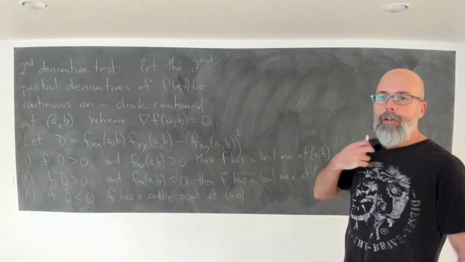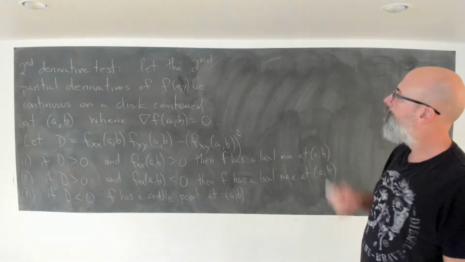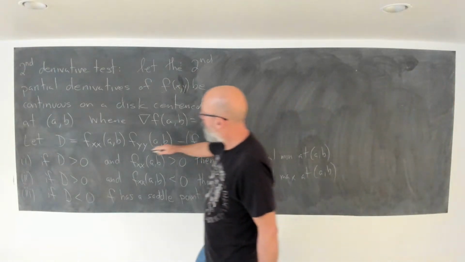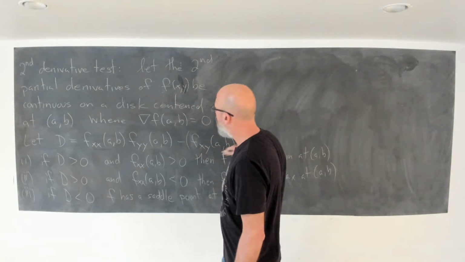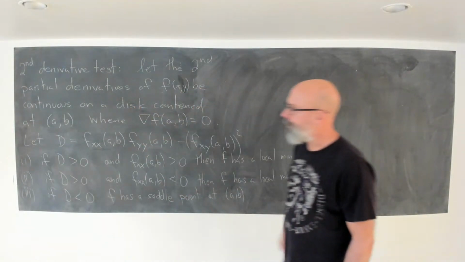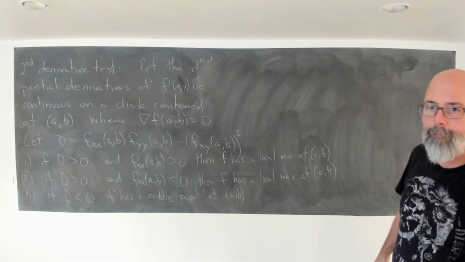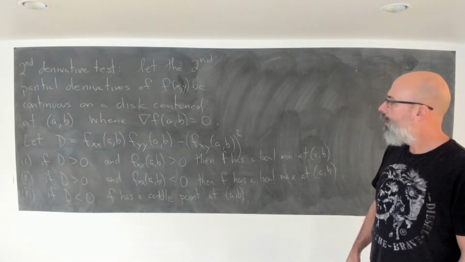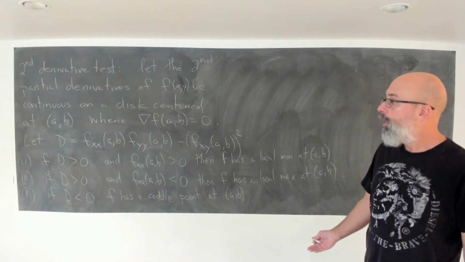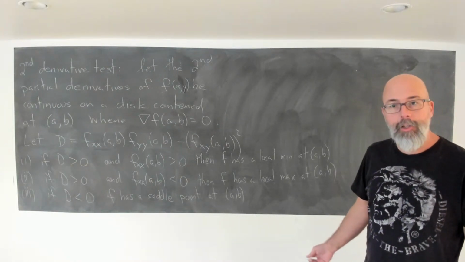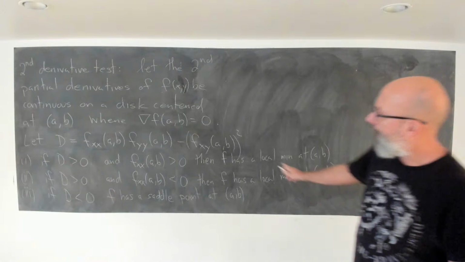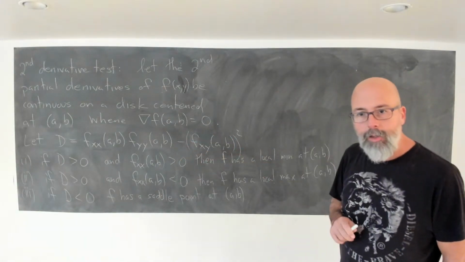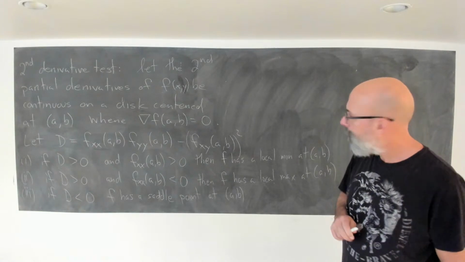Is D a disk? No, D is not a disk. D is this number. I thought you were referring to this disk here. No, D is just a number. It's really D as in determinant. This can be viewed as the determinant of a 2x2 matrix.